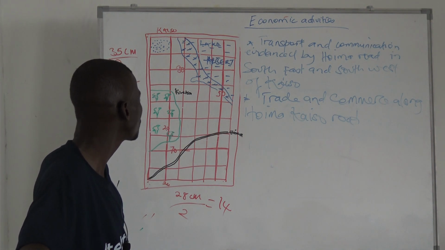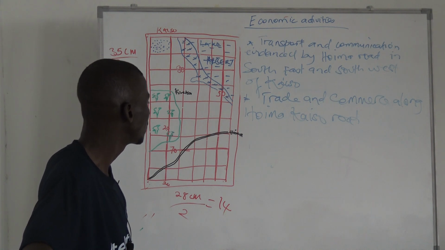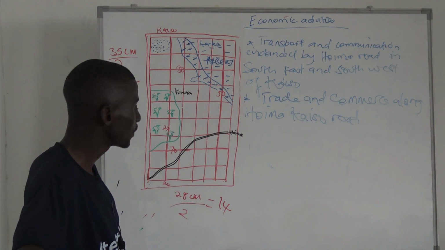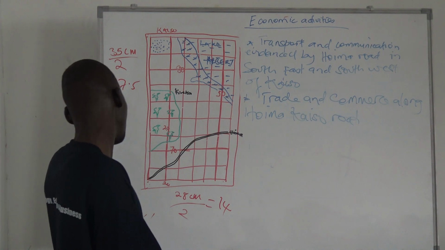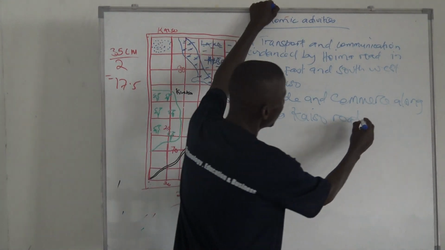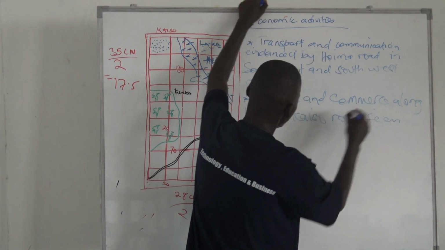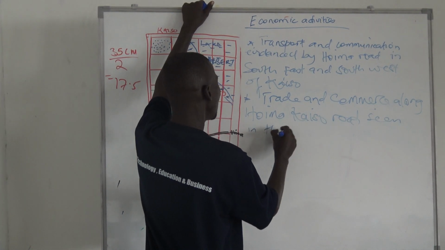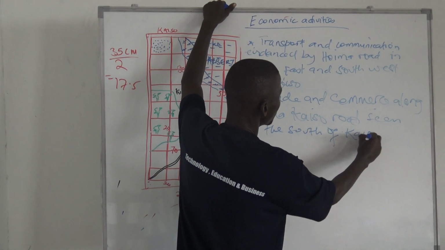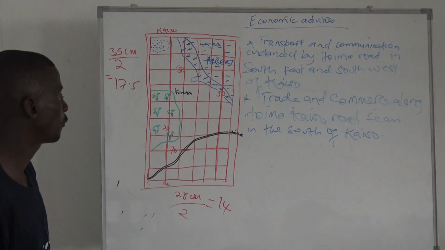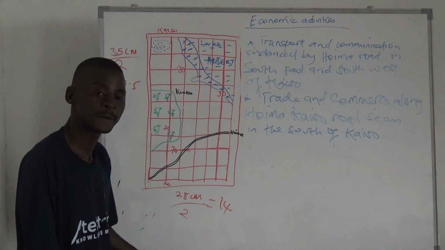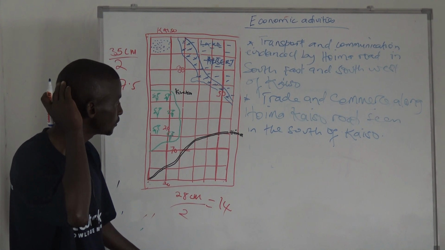There are many other evidences that can tell trade and commerce, but for today, we are going to use the road as our evidence. This one is seen in the south of KAISO.